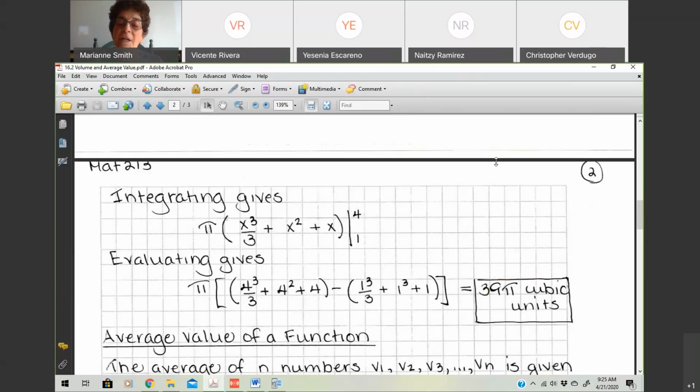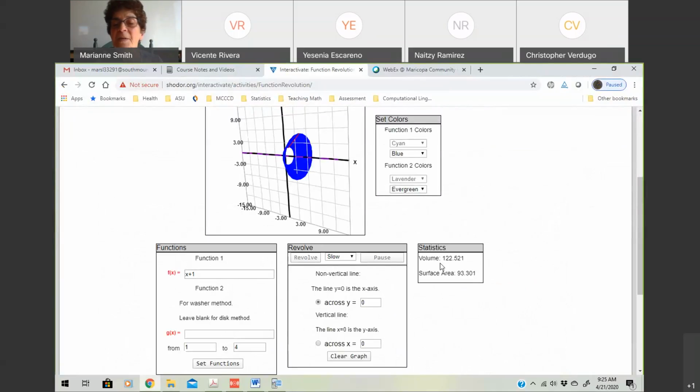Let's go take a look at some of the other technology. I'm going to show you the app that we were at before, that Interactivate thing on Shodor. I'm going to go back to that. This is giving me a volume of 122.521.